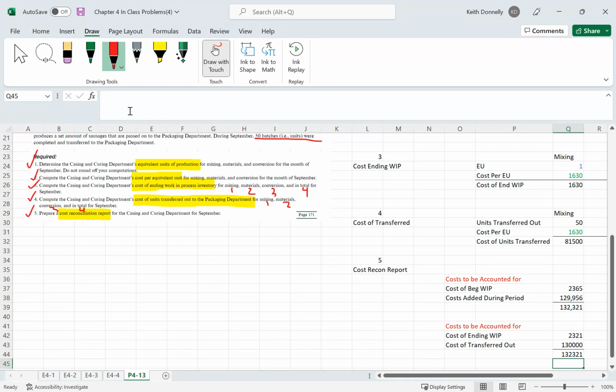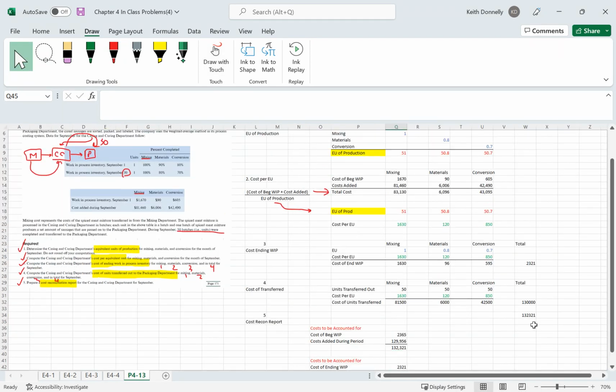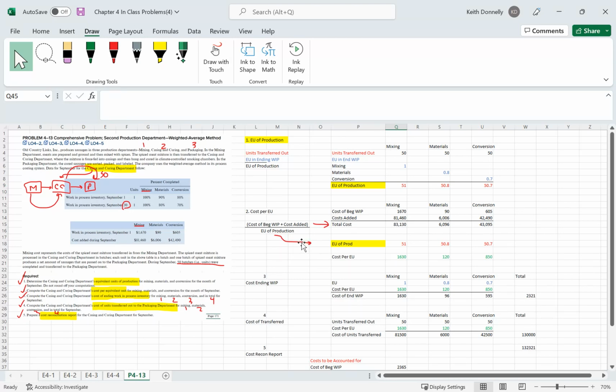So again, just to summarize what's going on. We're looking at 3 departments, and we're focusing on the second one, the casing department. They gave us some information. First, we figured out equivalent units of production. From there, we did cost per equivalent unit, and we had to carry the equivalent units of production down.